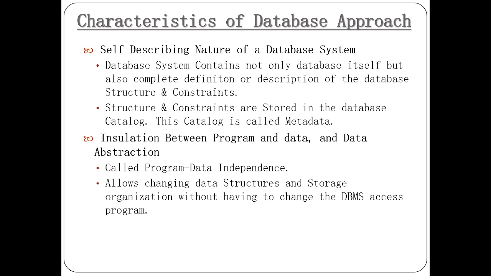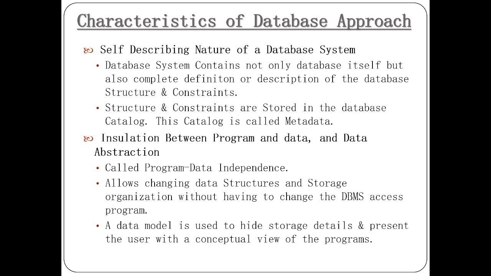That means we call it program-data independence. It means the database allows changing data structures and storage organization without having to change the DBMS access programs. And a data model is used to hide storage details and present the user with a conceptual view of the data. This is the second characteristic. Let us move to the next one.